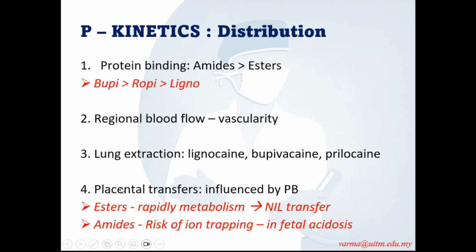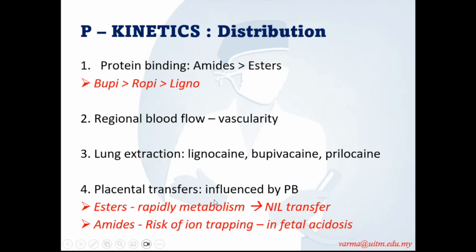Another thing is placental transfer. LAs can cross the blood-brain barrier because they are weak bases. They are lipophilic, so they can cross the blood-brain barrier and the placenta as well. Again, this is influenced by protein binding.